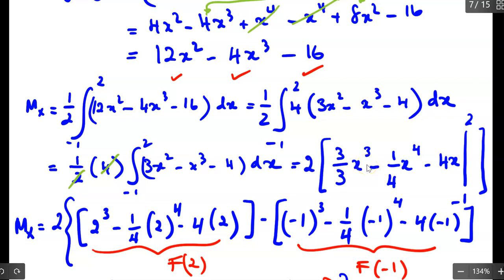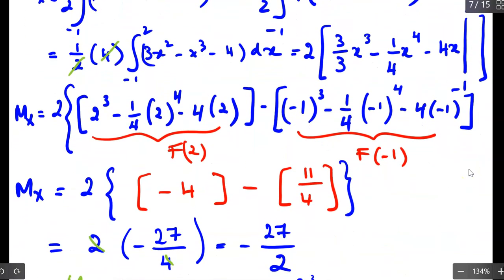And integrate this. And I should have this, yes. And evaluate the definite integral. Apply the fundamental theorem of calculus, have f(2) minus f(-1), and I will let you use your calculator to figure out these values.